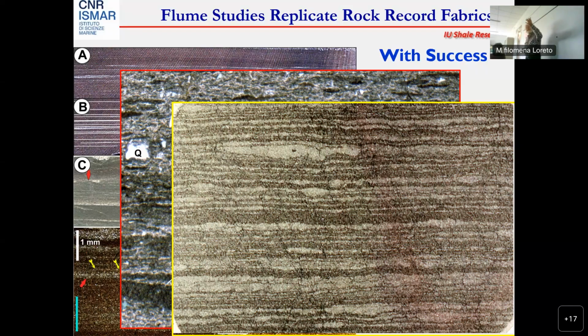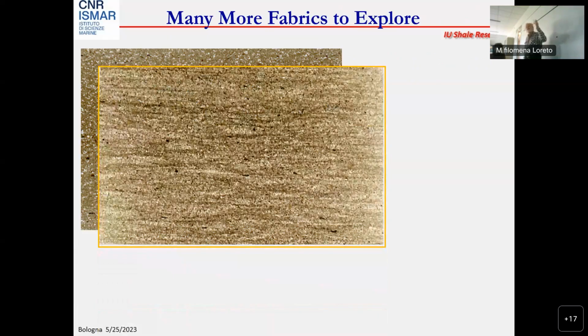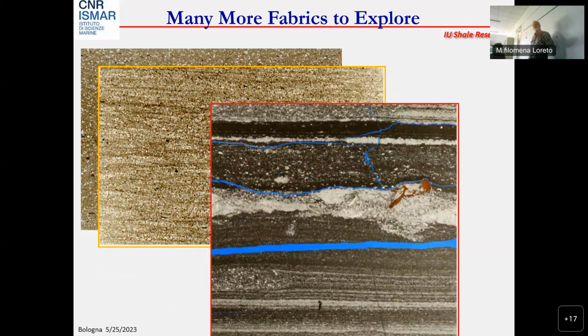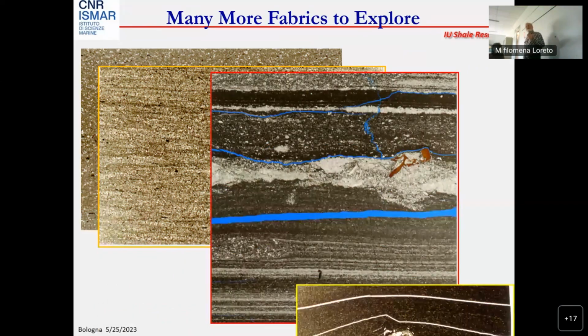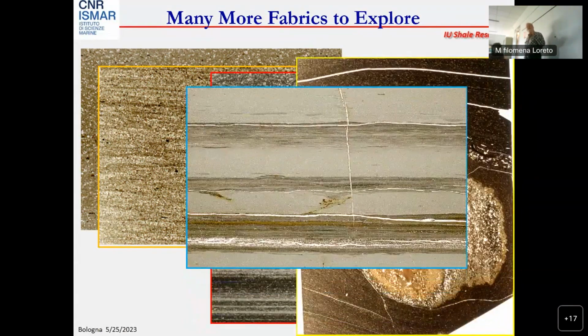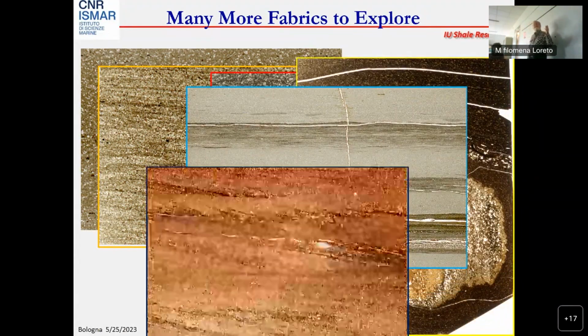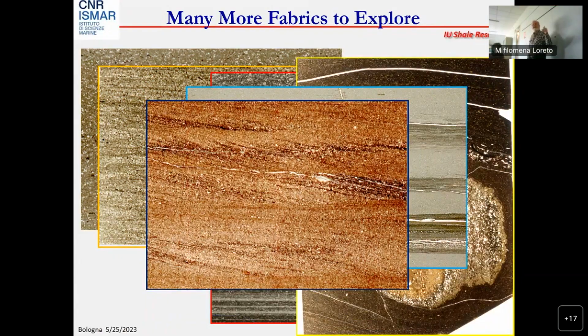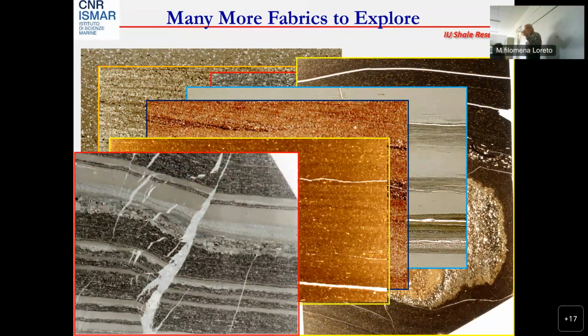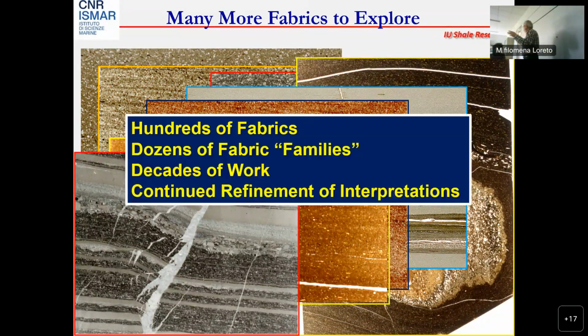Now, essentially we have looked at three different families of fabrics to do this. In reality, there are a lot of different mudstone fabrics. I'm going to just give you a few examples to keep it interesting. I have in my lab thousands of sections.